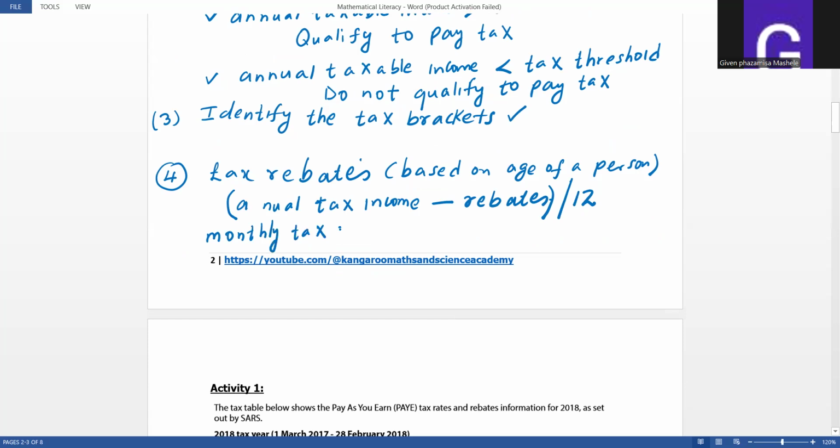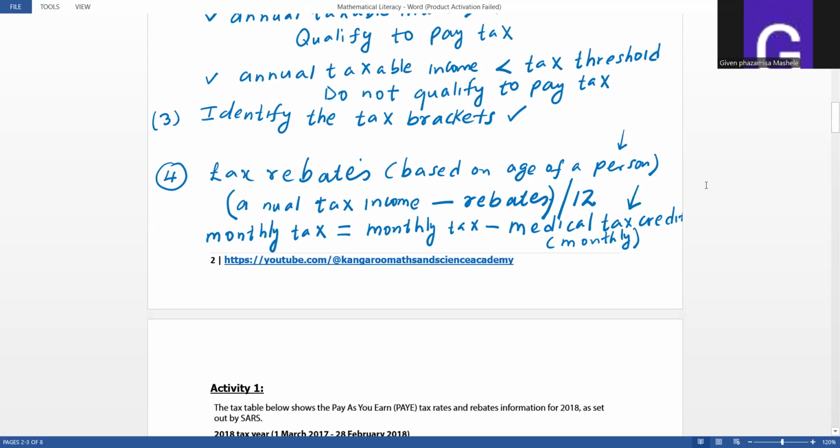And within this monthly tax, we need to take the monthly tax and subtract what you call the medical tax credits. Usually, these are done on a monthly basis. And this medical tax credit depends on the person as the main member and also other dependents.